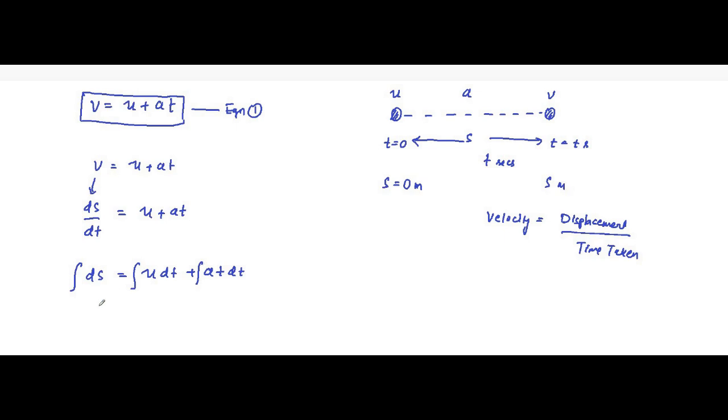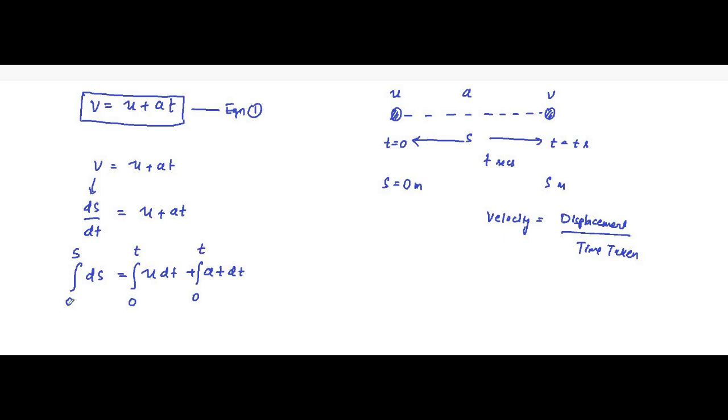So the lower limit of integration is 0 and the upper limit is s. Here the variable parameter is time dt. Again, the observation started at t equals 0, so the lower limit will be 0 and the upper limit will be t. Same case here: dt, the variable parameter is time, so the lower limit is 0 and the upper limit is t.